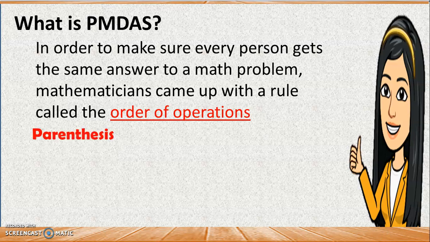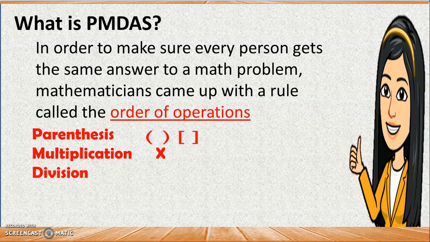So, what is the order of operations? First is the parentheses. We use the open and close parentheses and the bracket. Then, multiplication. Then, division.